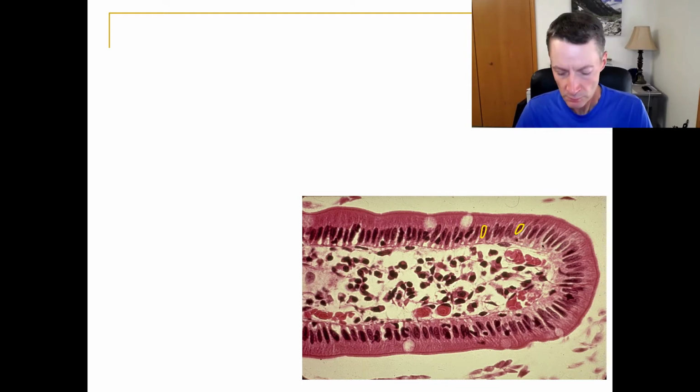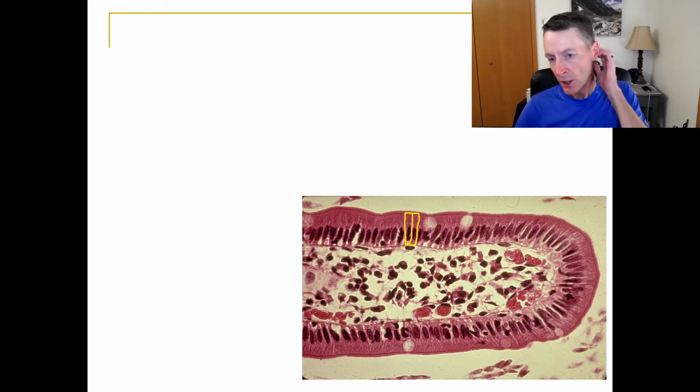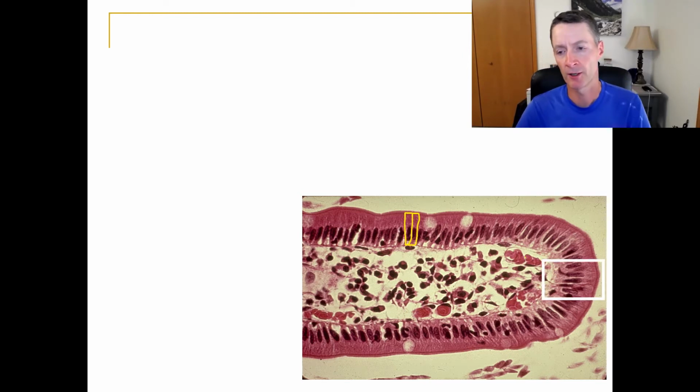Okay? Now the other thing I see is it looks like these cells, for the most part, run kind of parallel to one another here. There's one cell. Here's another cell, with a nucleus of its own. And they're all kind of lined up. The other thing I can see, let's take this end of this structure here within our small intestine, is that if we zoom in to the edge of these cells, there's this weird kind of boundary.